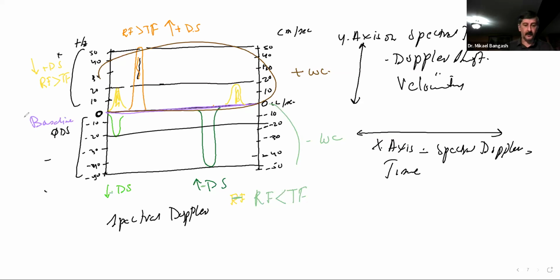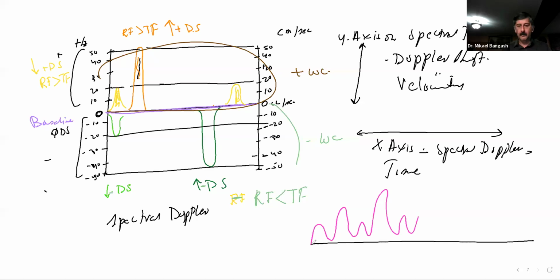So guys, if you follow a spectral Doppler like this, let us say that in this case we have a positive Doppler shift. Something like this.